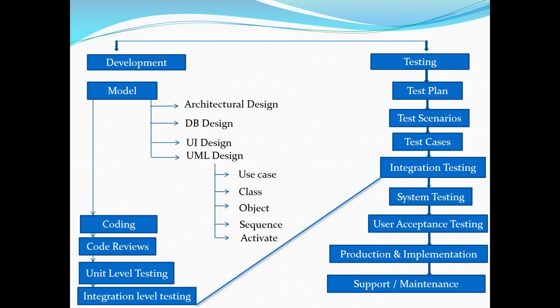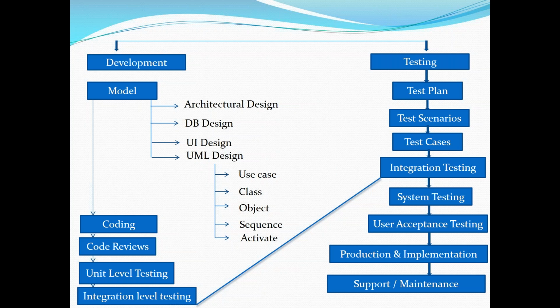And UML designs. UML designs means use case, class, object, sequence and activity diagrams. These are very, very important. So based on the models, the developer starts doing the coding. That is very, very important. Based on the design, the developer starts doing the coding.